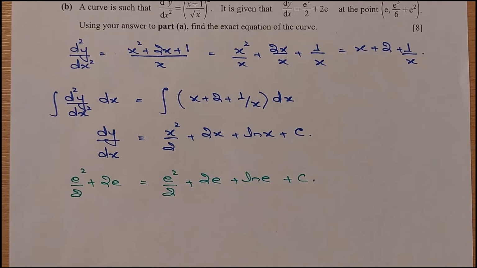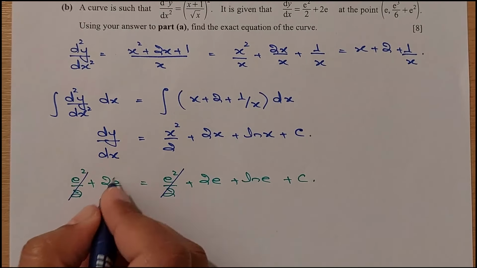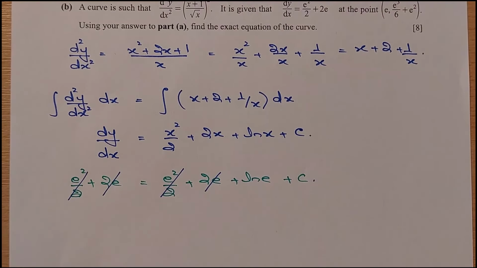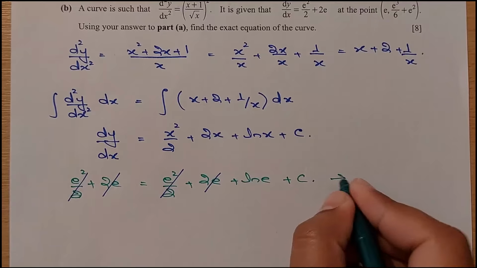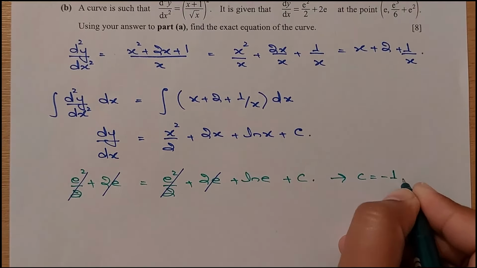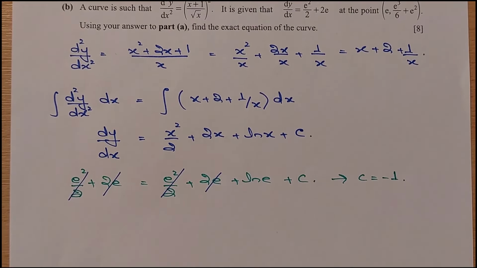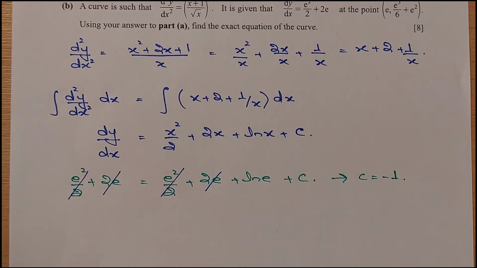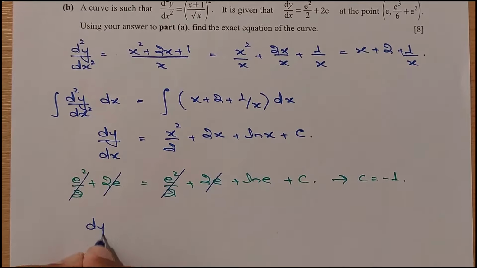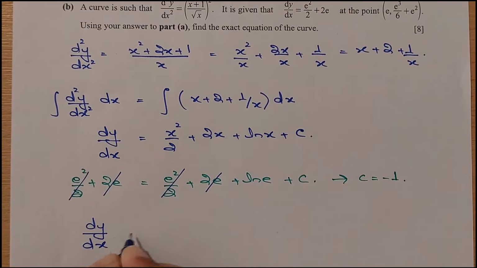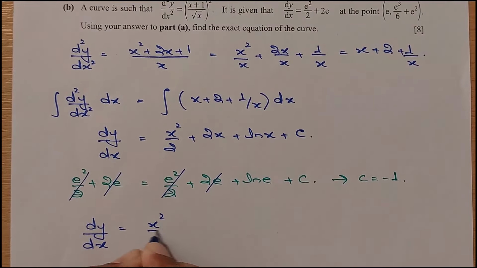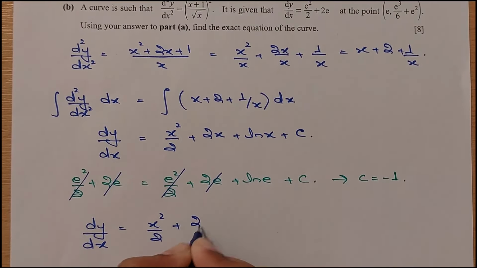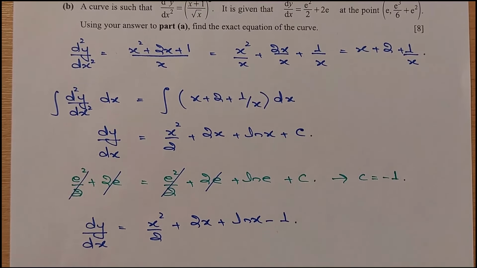Okay, and you can see we can cancel these two, and c is minus 1 here. So from here c equals negative 1, right? Okay, substituting the c value, we get the first derivative dy/dx is x squared by 2 plus 2x plus ln x minus 1, right?